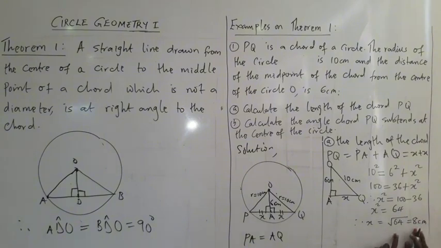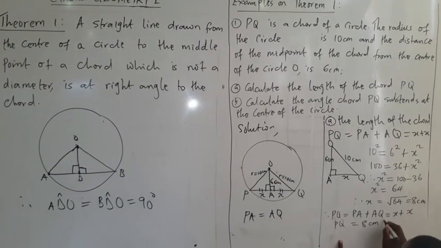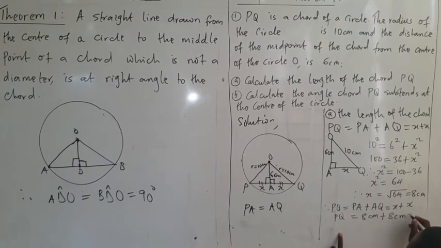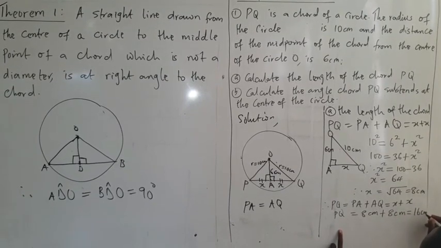So if X is 8 centimeters, you can now see PQ, which is the length of the chord we are looking for, equals PA plus AQ. And PA and AQ are the same, which is X plus X. And one of the X is 8 centimeters, then PQ will now be 8 centimeters plus 8 centimeters, which is 16 centimeters.